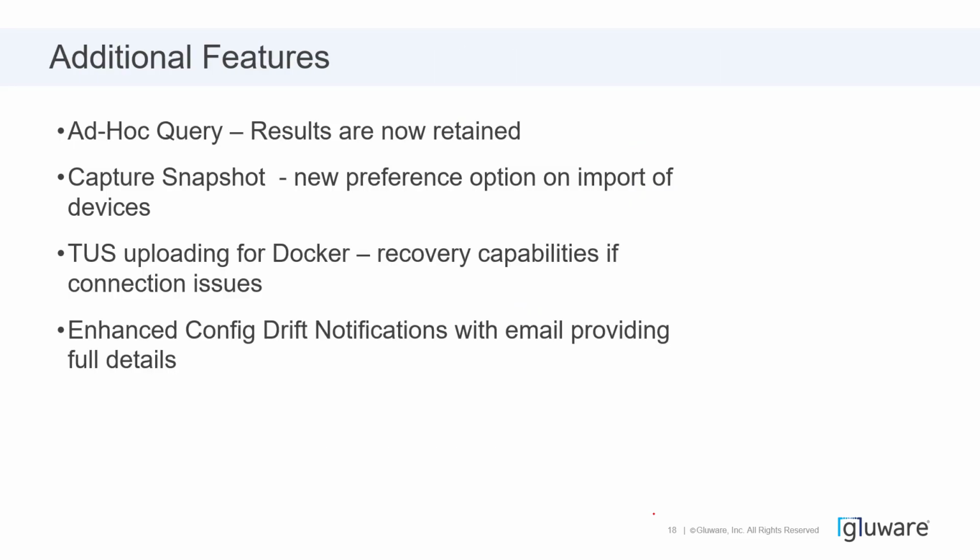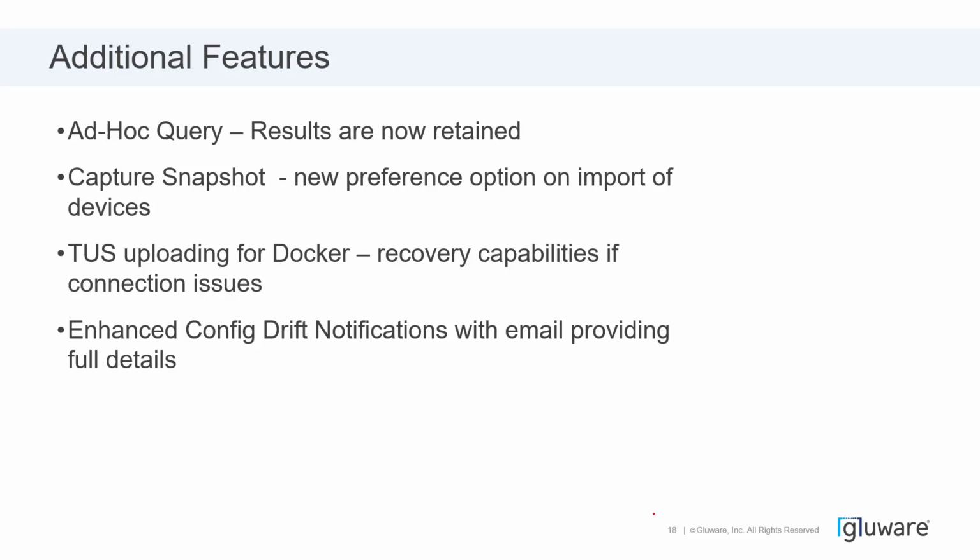There are a number of other smaller features we won't have time to share in the live UI. Around ad hoc query, your results are retained. When you run snapshot and you send out an email report, there's a lot of detail in there, and you can indicate that the snapshot is automatically captured when you import devices. This saves a step when you go to Drift.